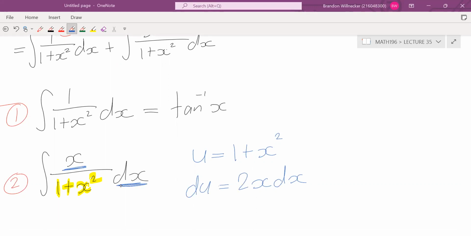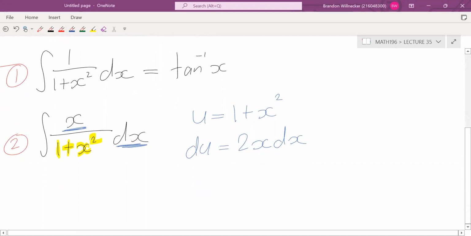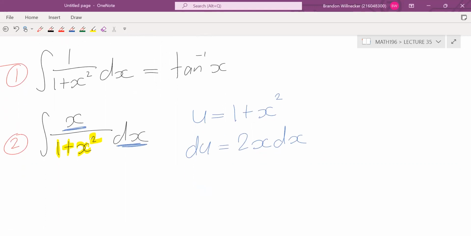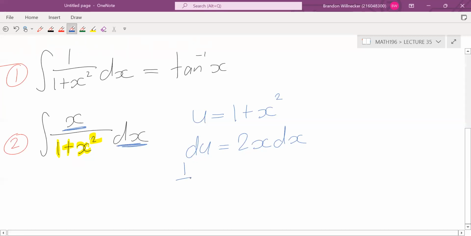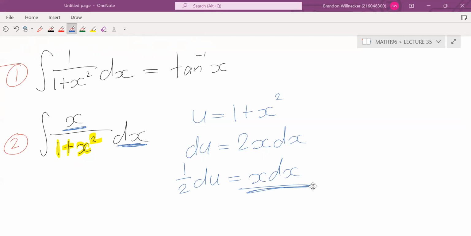But here we have 2x dx. Okay, we've got that extra factor of 2. But that's no problem. We can just take the 2 over to the other side. 1/2 du is x dx. Okay, now we're happy with that because we've got x dx in our integral. We've got x dx over here. That's what we want.